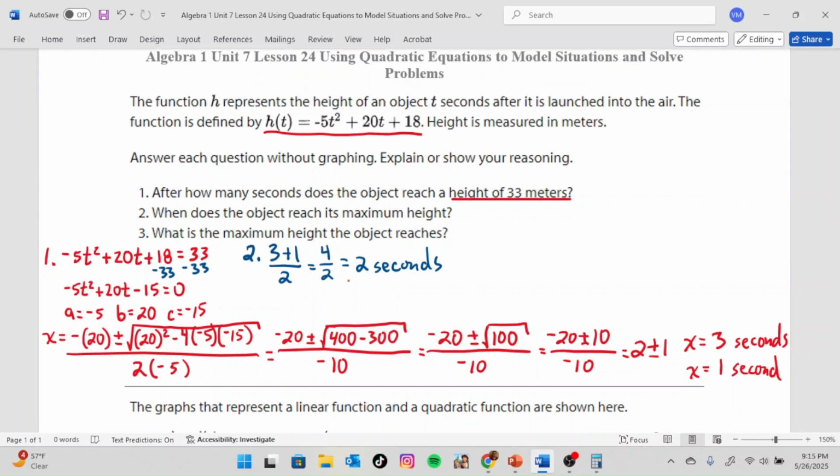And finally, number 3, what is the maximum height the object reaches? Well, if we know that the time is 2 seconds, we can simply substitute 2 in for t. So we have negative 5 times 2 squared plus 20 times 2 plus 18. 2 squared is 4, so we have negative 5 times 4. 20 times 2 is 40.